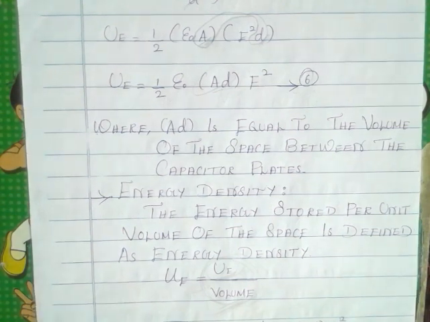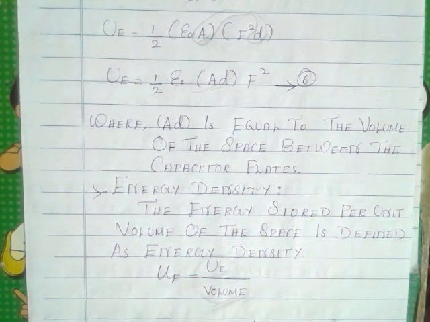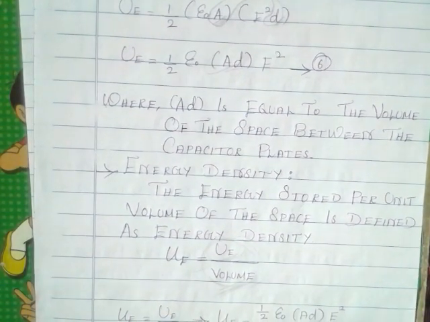Then I am going to define the energy density. Energy density is defined as the energy stored per unit volume of the space. Then small u is equal to capital UE divided by volume.